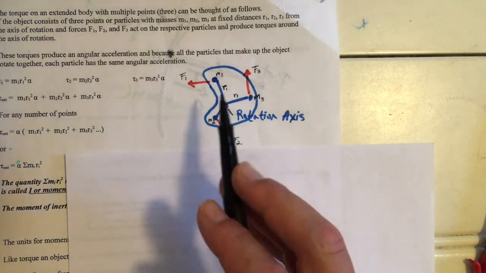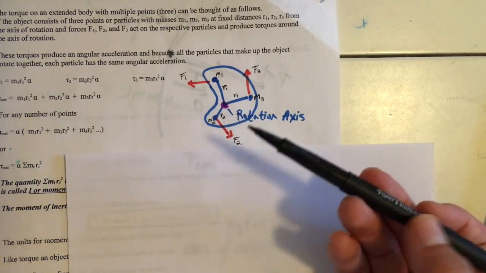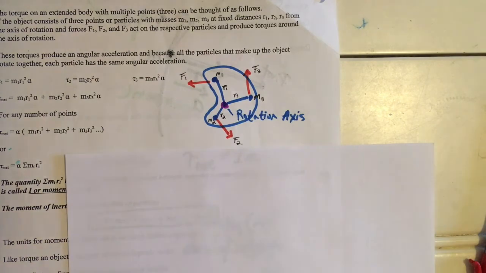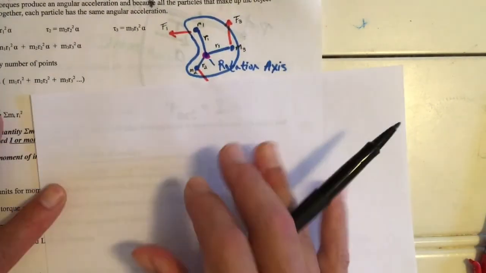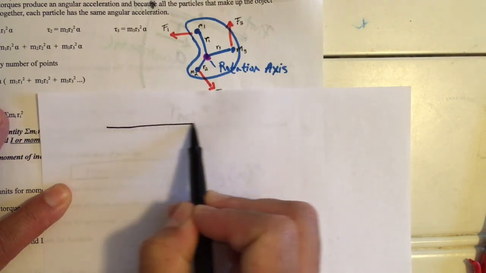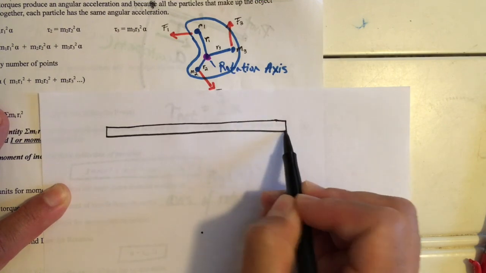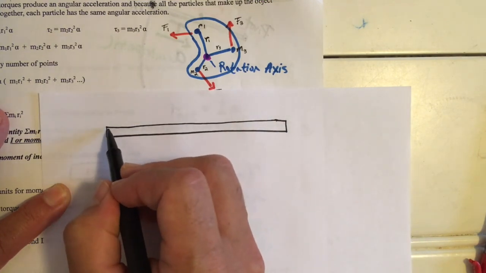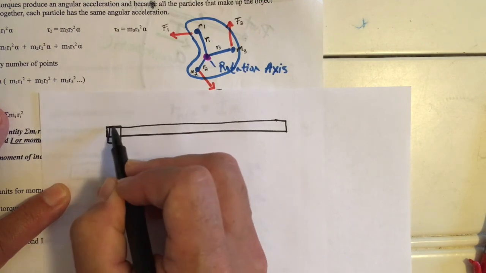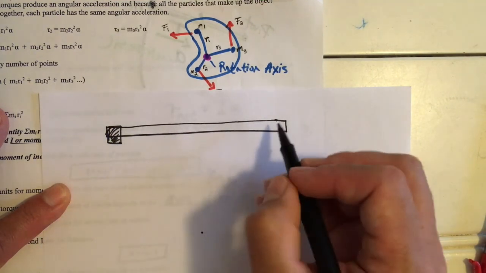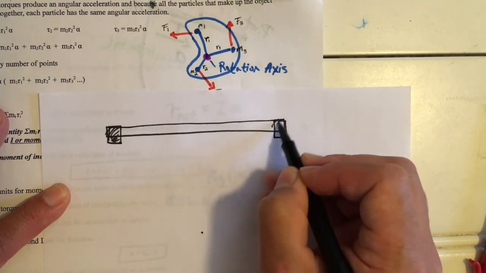So what we need is the idea of an extended object, where we can think of a mass as involving multiple points. An example of this is something I did in some videos I made last year, where I took a mass, say a 100-gram mass, and tied them to the end of the meter stick.